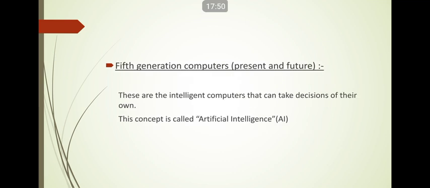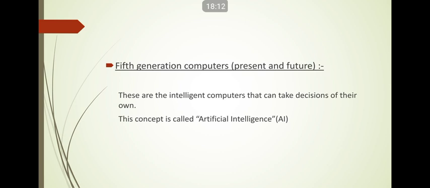Then fifth generation computer, which is present and future. The computers which we are using in present time and which we will use in future will be categorized under fifth generation computer. These computers are called intelligent computers. Reason?